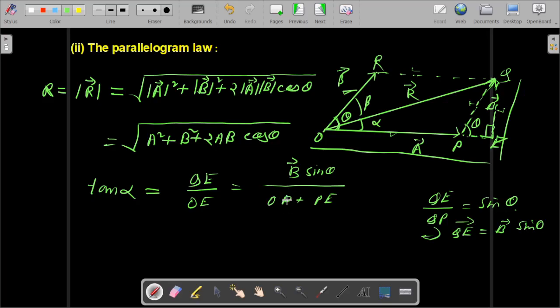The denominator will be simply OP, which is A, plus PE, which is B cos theta.